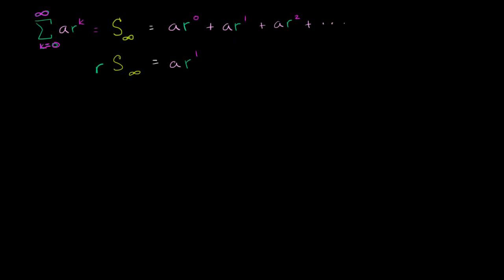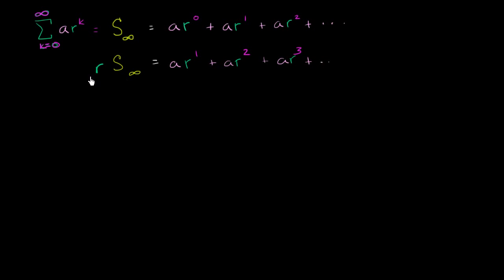Multiply this one times r, you're going to get a times r to the second power. I think you see where this is going. Multiply this one times r, you're going to get plus a times r to the third power. And we would just keep on going, so plus dot, dot, dot.